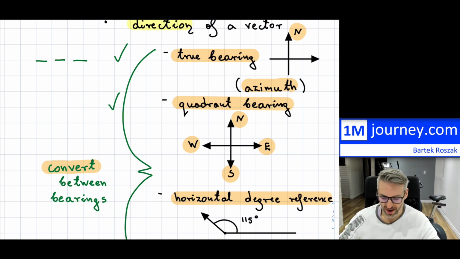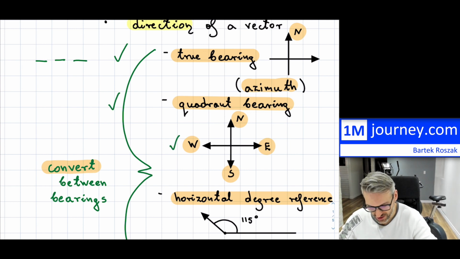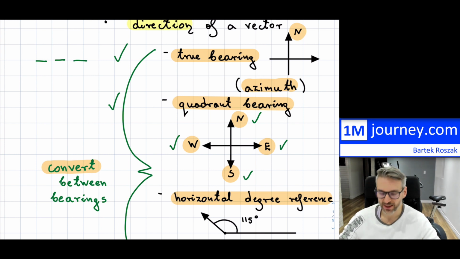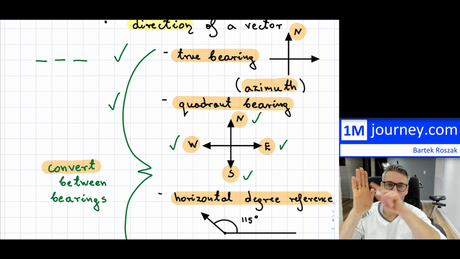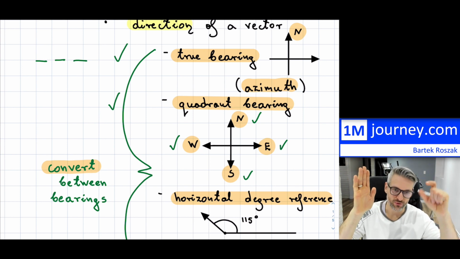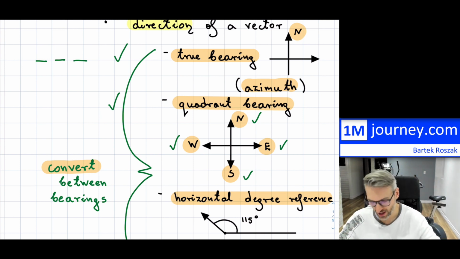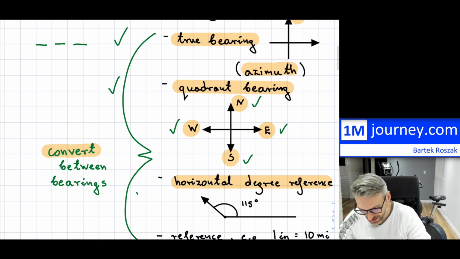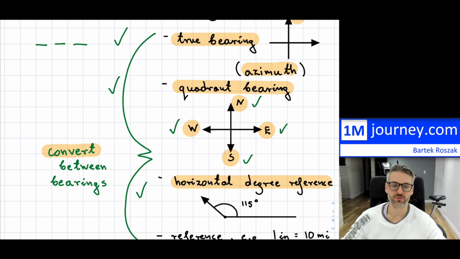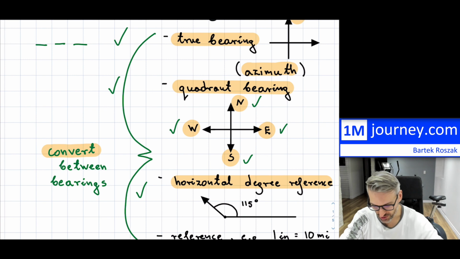On the quadrant bearing, we utilize all the directions and specify in which direction we are moving: you have a starting point, you move, and then you write the final direction you moved away from. And the last one is the horizontal degree reference, which is counterclockwise from your regular Cartesian plane with your XY axes.